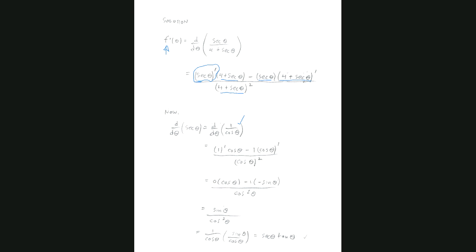The secant function is defined as 1 over the cosine. So if I want to take the derivative of 1 over the cosine, I'm going to have to use the quotient rule.